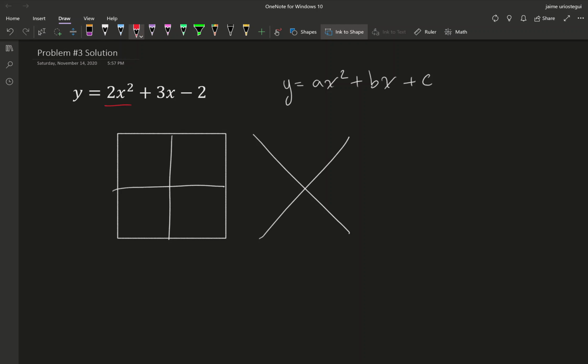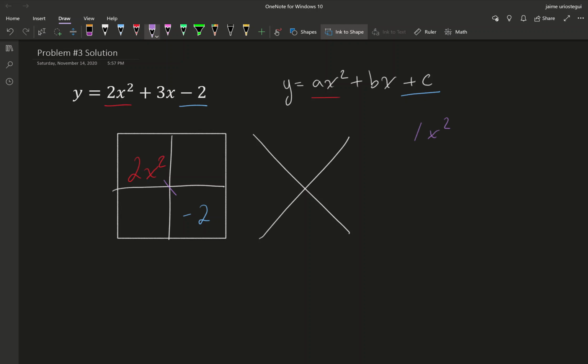So here we have the ax squared term, as you see here. The ax squared term goes here. The c term will be going here. And then we will be using these two terms, the ax squared term and the c term, and multiplying them.